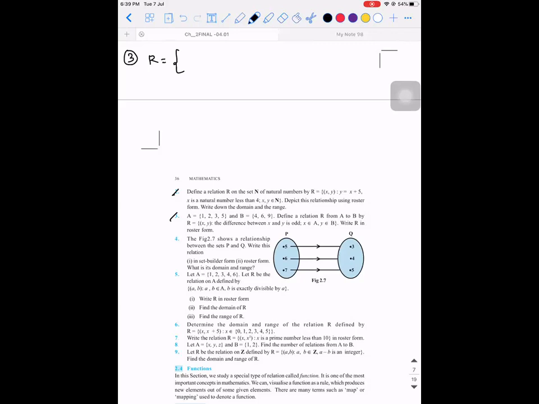What is the difference between two odd numbers? Even. What is the difference between two even numbers? Even. Then which difference will give you an odd number? The difference between odd and even. So you need to choose the odd numbers on one side and even numbers on the other side.